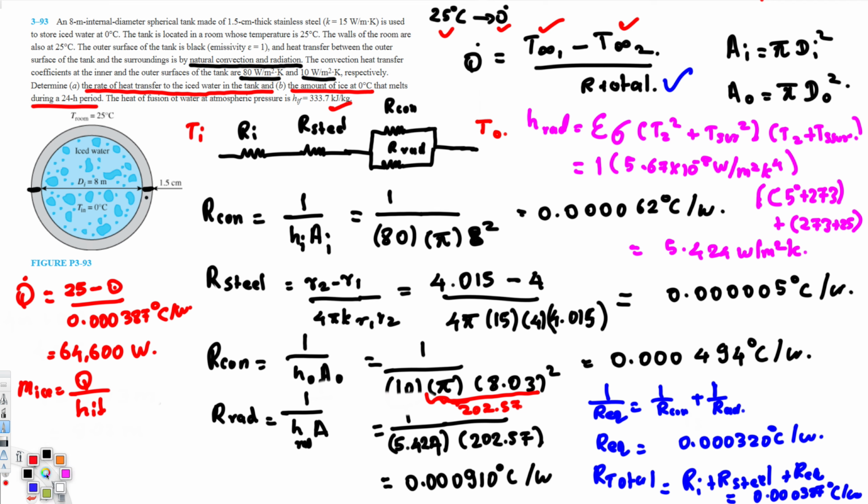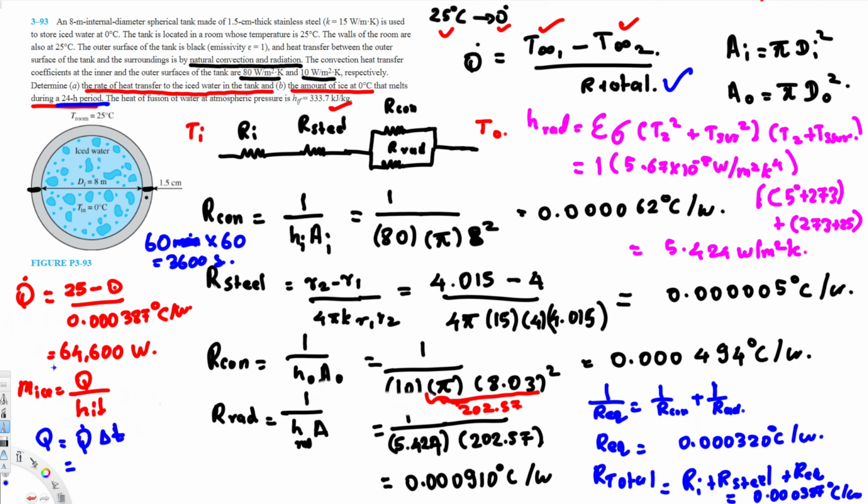Let's go ahead and calculate Q. Q is going to be equal to Q dot times delta T. And they have mentioned this is a 24-hour period. In 1 hour, we know that it's going to be 3,600 seconds because we have 60 minutes, and each minute contains 60 seconds. So 60 minutes times 60 gives you 3,600 seconds in an hour.